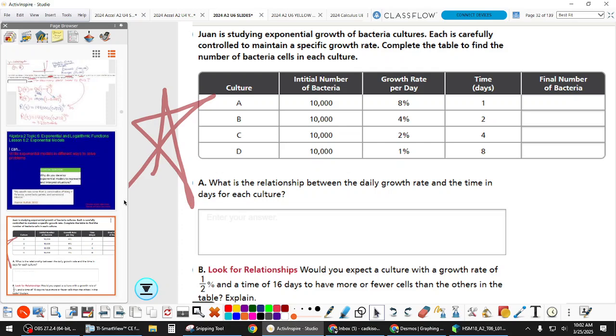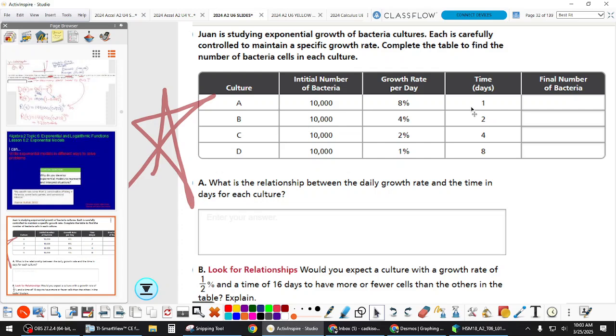You're going to say, well, why are we doing this 4 different times? Before you start, I want you to take note of how these are different. We're always starting with 10,000 bacteria, so that doesn't change. What does change is the rate of growth and how long we let it grow. And what you're going to explore is how that affects the final number.